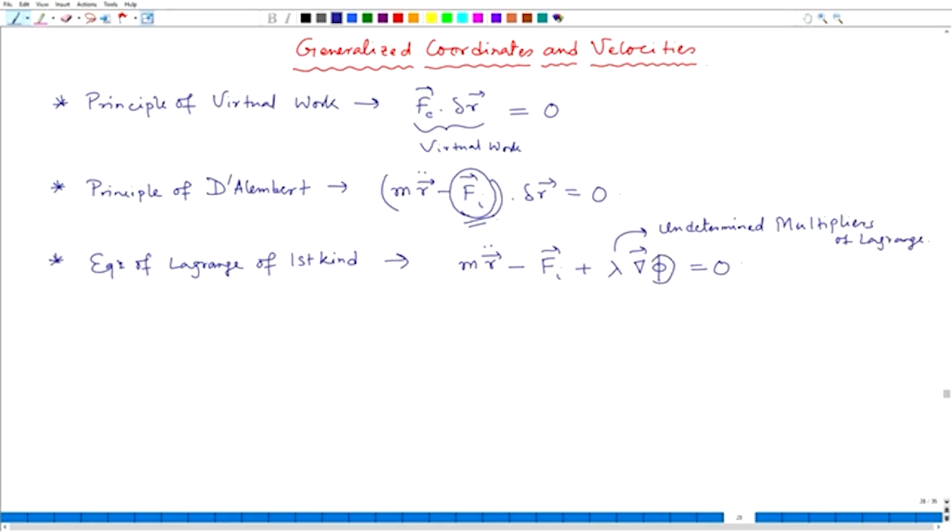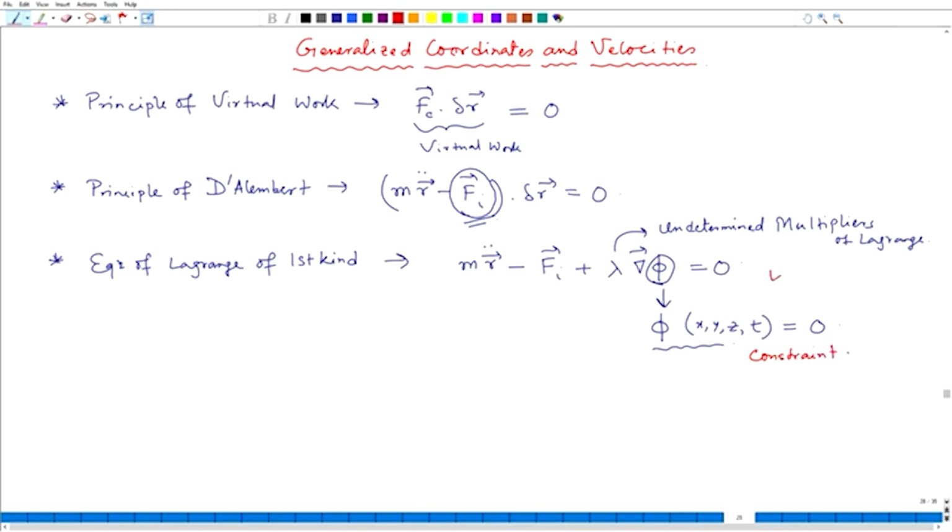This phi is nothing but the function associated with the holonomic constraint, which should be 0, and this in general is a function of the position coordinates and time, that is 0, and that gives you the constraint actually. So, this is the constraint.